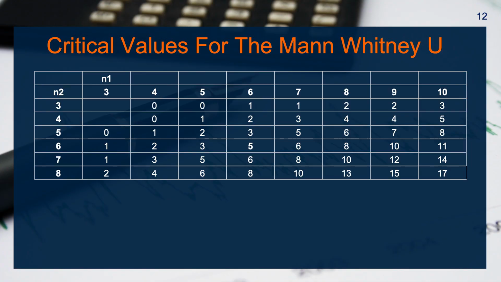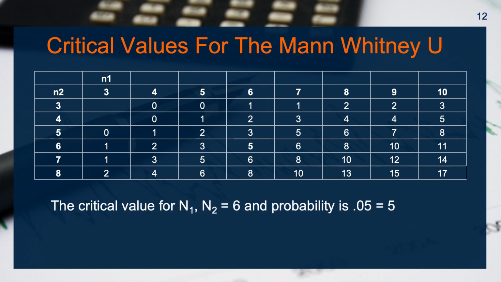As we've done with some other statistical tests, we then compare it against a table of critical values. And this is the critical values at the 0.05 probability level for Mann-Whitney U. What we do is we take the number of individuals in each of the data groups and plot out on this table where that critical value is.